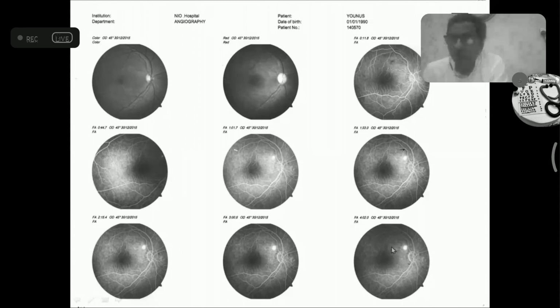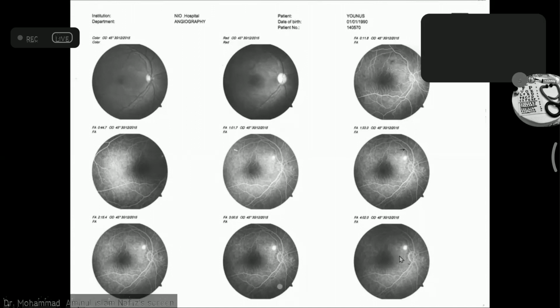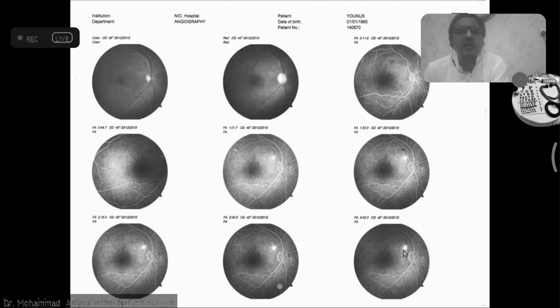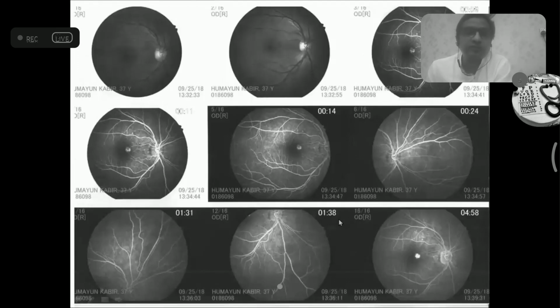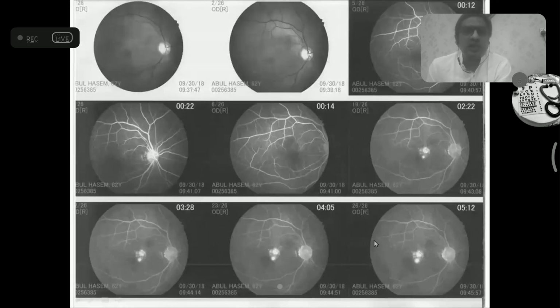It is very, very important. Only leakage is shown. And it is also PED, pigment epithelial detachment, and for further neovascularization, there is leakage and hyperfluorescence.